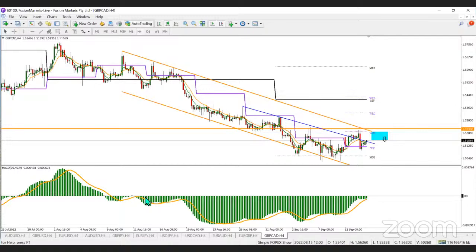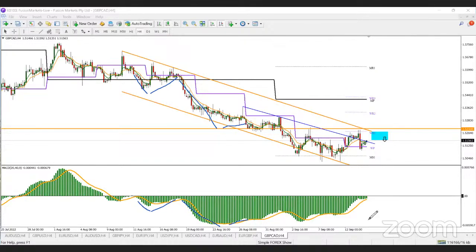So for example, let me just see if I can draw on here. When the histogram on the MACD is coming down, usually it correlates with the price coming down as well. And then when the histogram is shrinking, going back to 0, that's the pullback. So then we have the rally, and then we have pullbacks.